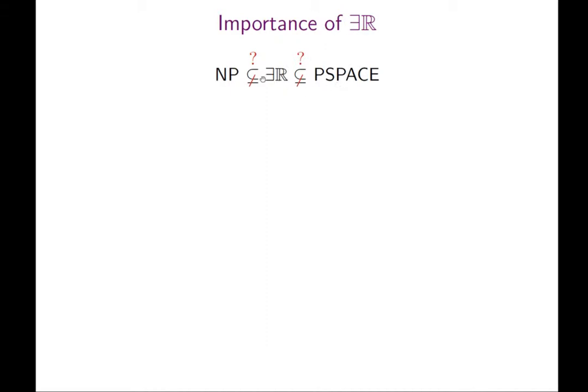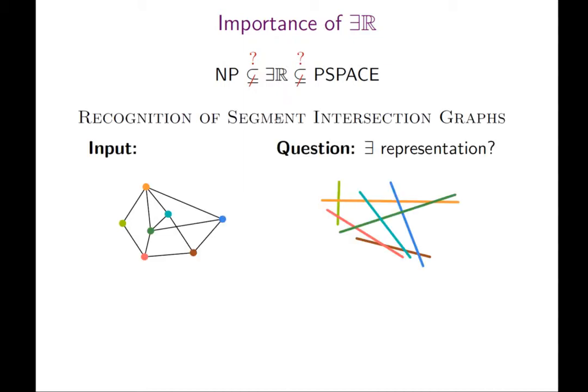If one of them would be equal, that would be also great, because we did a lot of research on existential R already, and then we would know more precisely where it lies. But somehow we wouldn't expect this because there's already this research going on, so at least not very soon can we expect it.